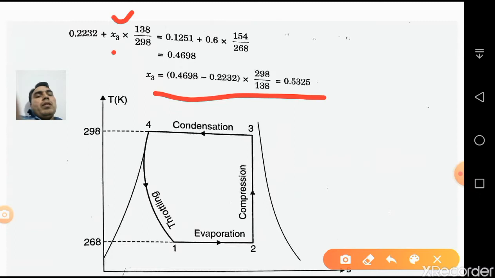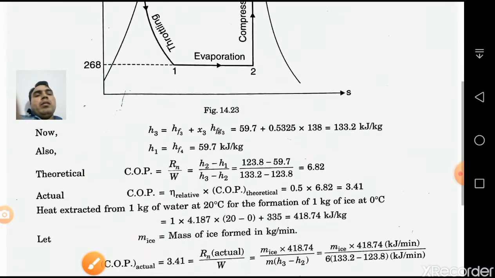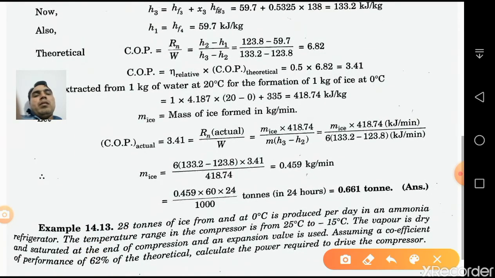Then, h3 equal to hf3 plus x3 times hfg3. And hf3 is equal to hf4, and the value is known.